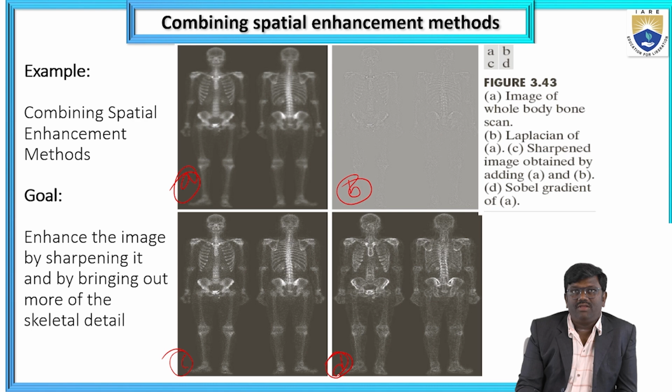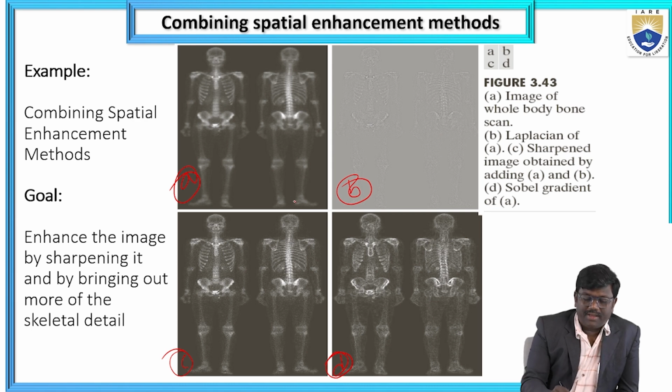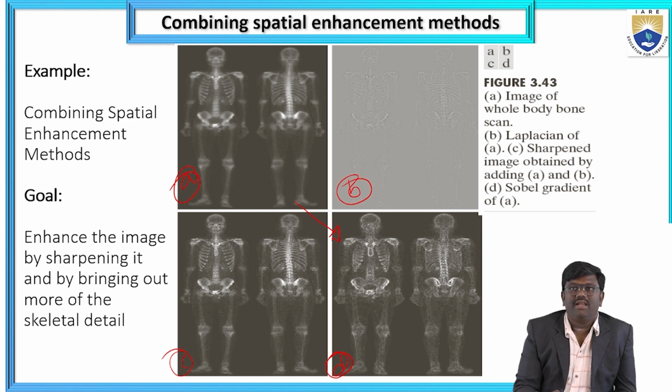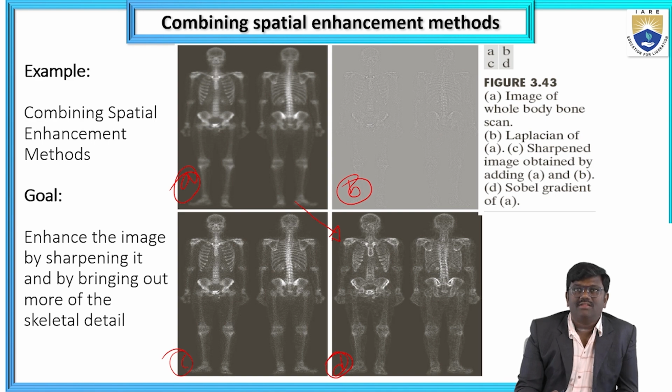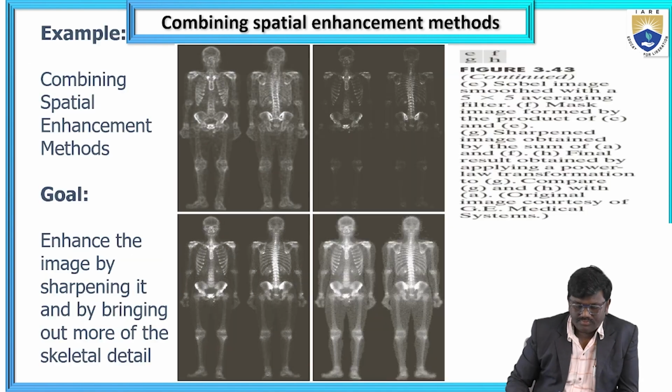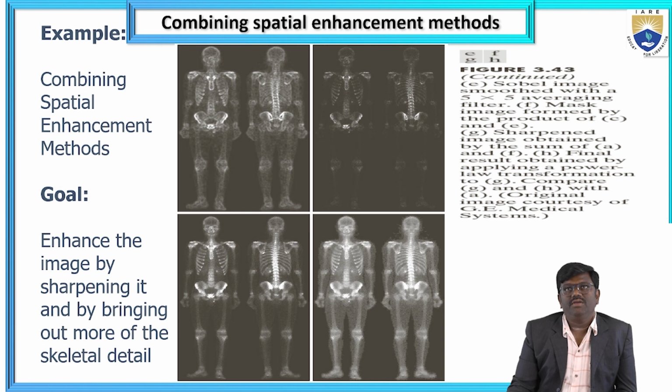So we compare A with D so that we can understand how this gradient method works in enhancing the required image. We compare both. Coming to another example, here we still see the previous example and the present example.